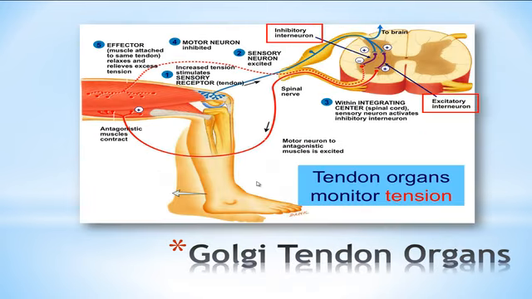Now, in opposition to the muscle spindle, the other protective mechanism is the Golgi tendon organ. Golgi tendon organs are receptors that hang out in the tendons, and they're responsible for measuring tension within the muscle.